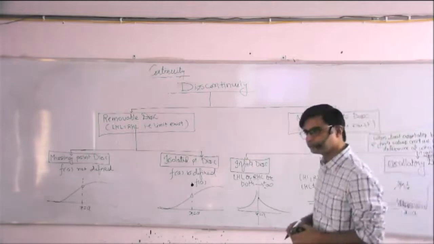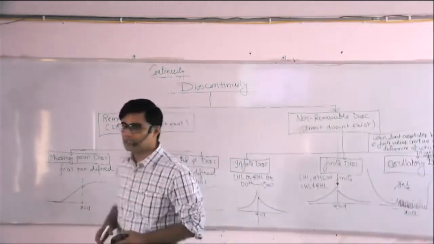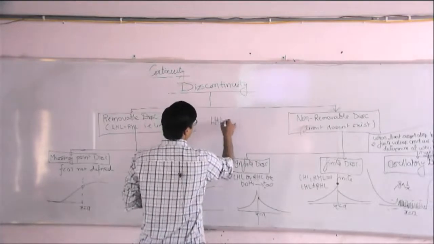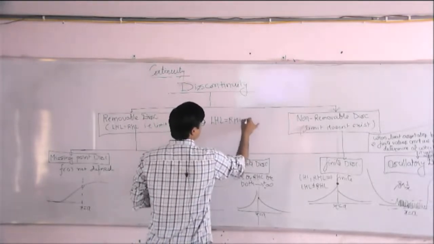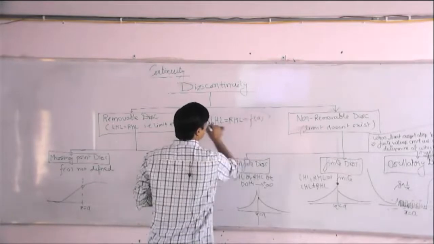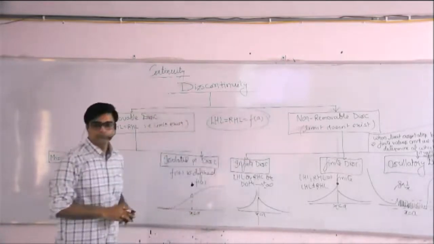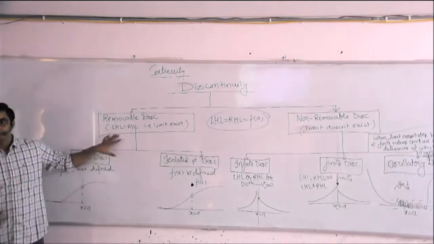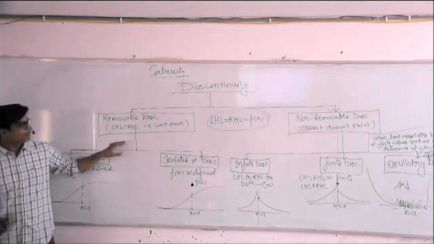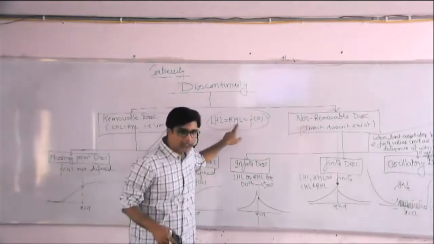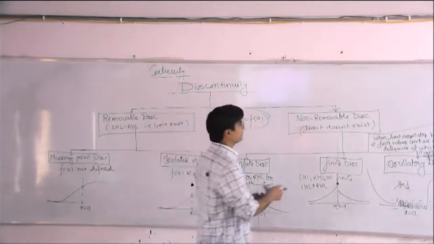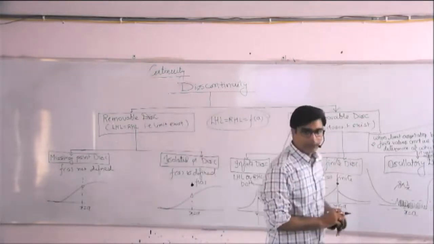Okay? Now again let's come back to our strict condition for continuity: left hand limit equals right hand limit equals f of a. Yes or no? Now here on this left hand side we have left hand limit equals right hand limit, only the problem is f of a, and here the problem is with the left hand limit and right hand limit.